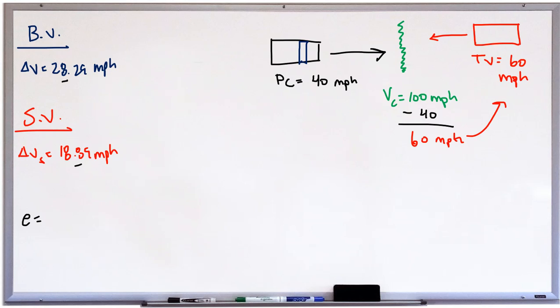And you've probably heard the explanation before. If you drop an egg onto the ground and it splats everywhere, the e would be 0, because basically none of the kinetic energy was returned to the system.